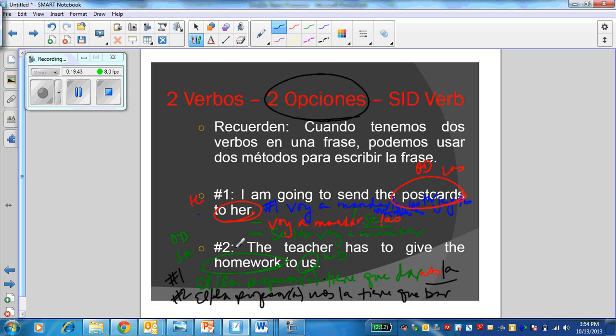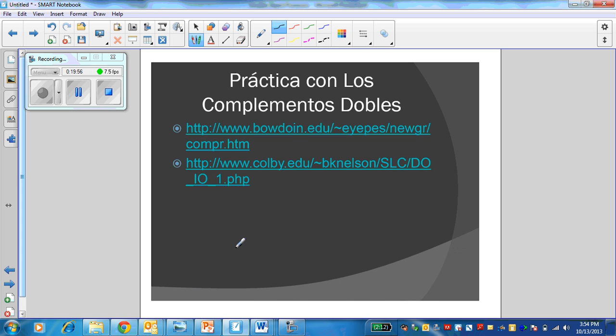Okay. Es un concepto más o menos bastante difícil, entonces ustedes necesitan practicar un poquito. Okay. So yo tengo aquí dos enlaces, two links, uno, dos aquí para ustedes. Ustedes pueden practicar con estos complementos. Okay.